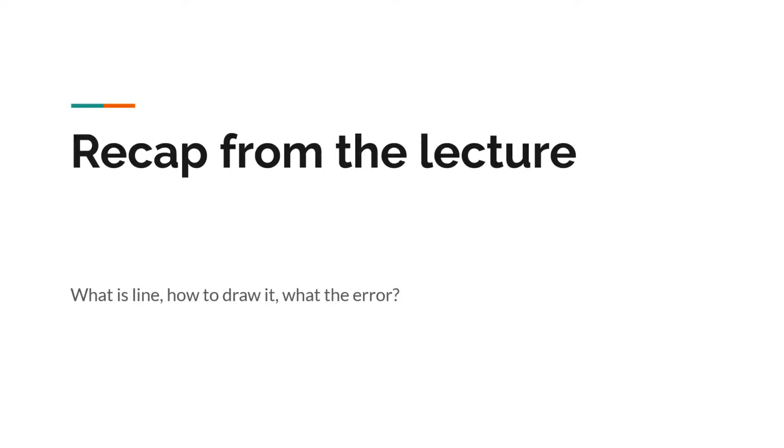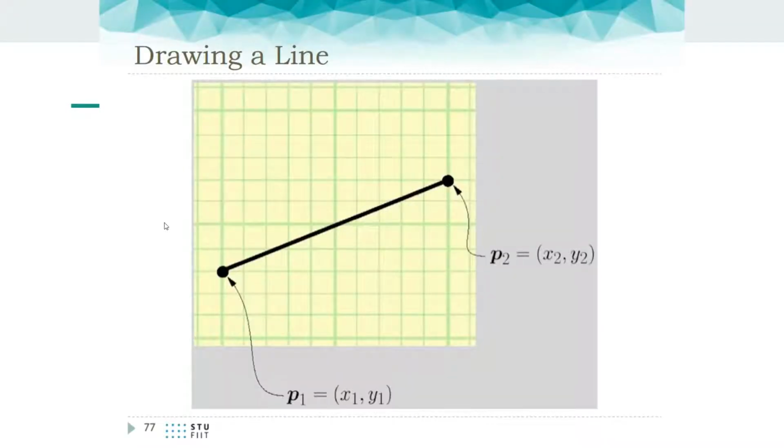This is actually some sort of recapitulation from the lecture, and I'm going to talk about what a line is, how to draw it, and what the error is that we are talking about while drawing it. So what is a line? In geometry we can define it as a straight one-dimensional figure that has no thickness and extends endlessly in both directions.